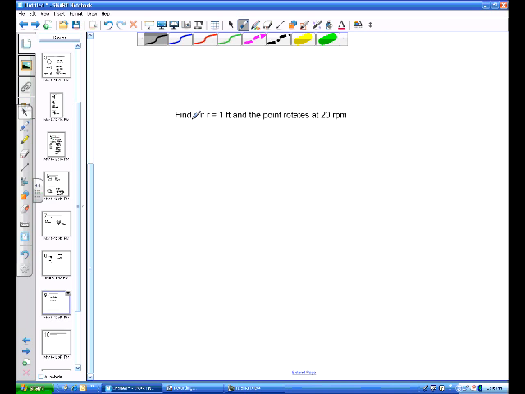If we look at this problem, we want to find our linear velocity, which we know is the radius times the angular velocity. Well, our radius is 1 foot, but it didn't give us our angular velocity. It gave us our rotation. Well, our angular velocity is our number of rotations times 2 pi.